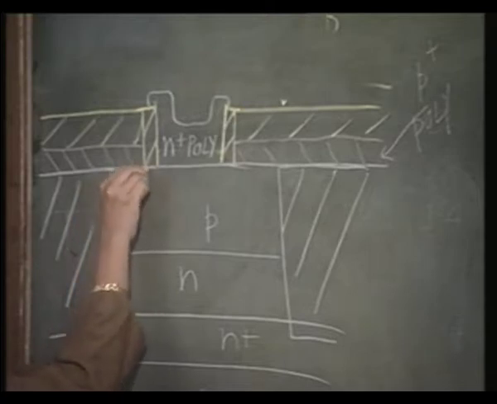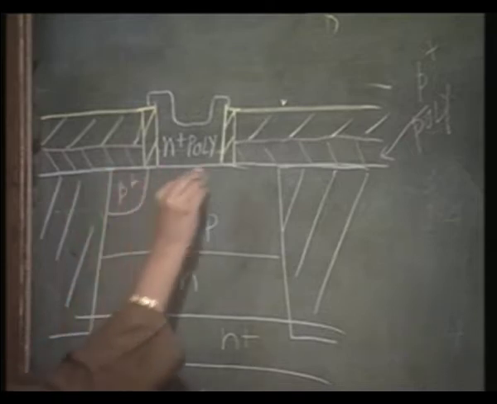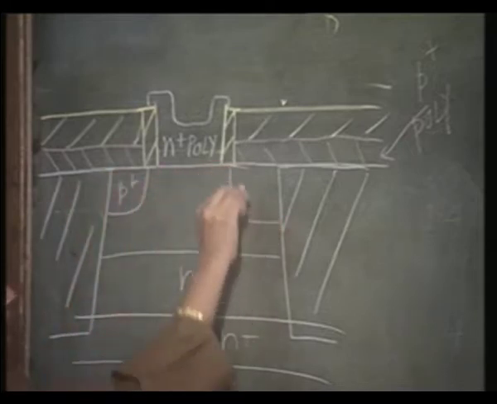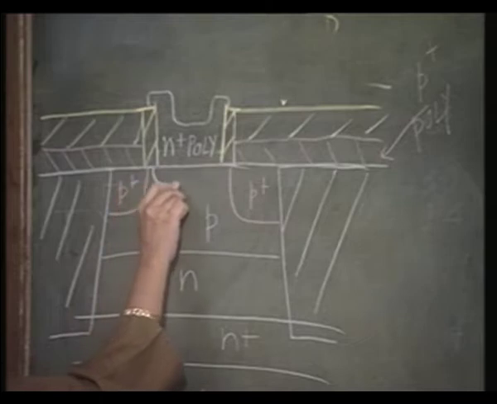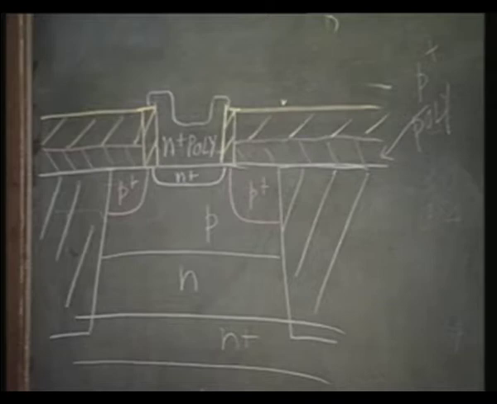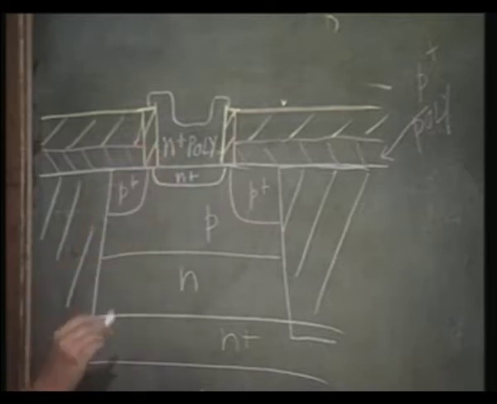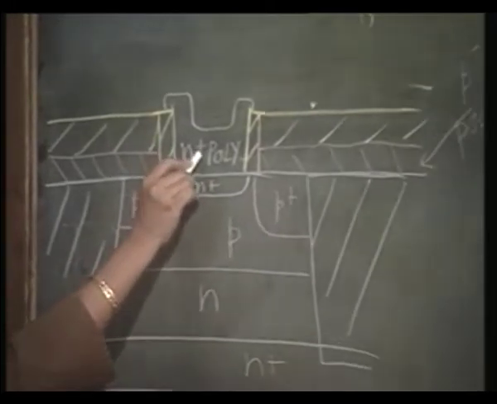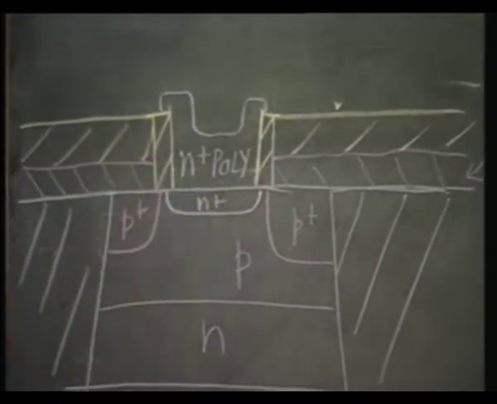We have, this is my emitter. I am using a poly emitter. I have a shallow junction and also I retain the N plus poly. So, this composite layer can be used as my emitter.